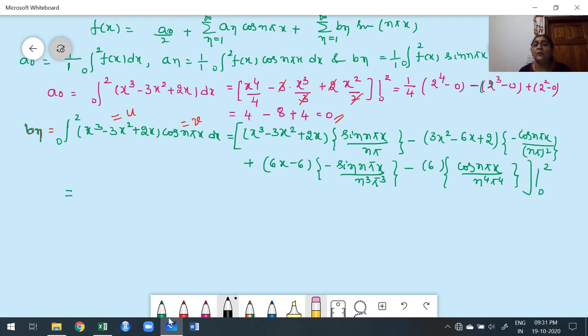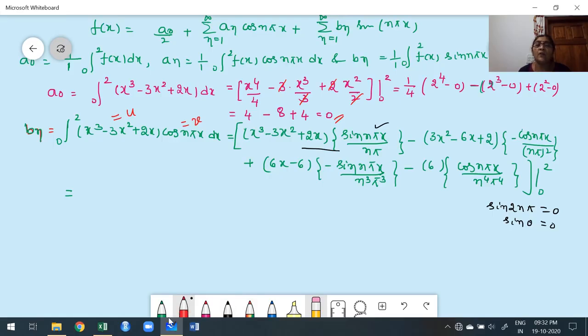The upper limit is 2. Here one of the functions in the product is sine. Putting x equal to 2, we get sine of 2n pi, which is 0. Our lower limit is 0, and sine 0 is 0. For both upper and lower limits, this sine function is 0.